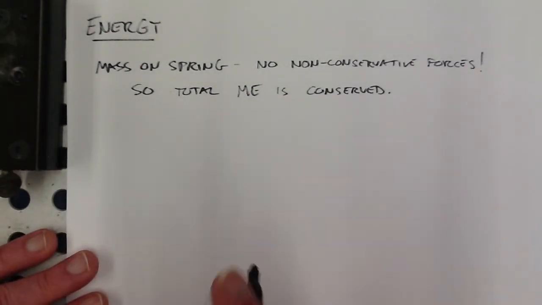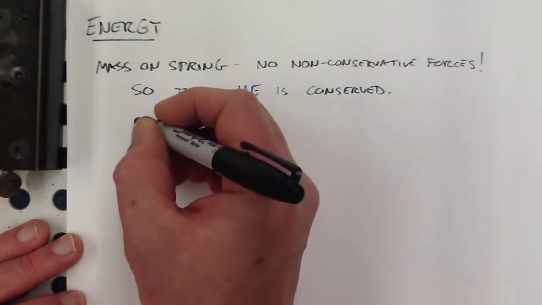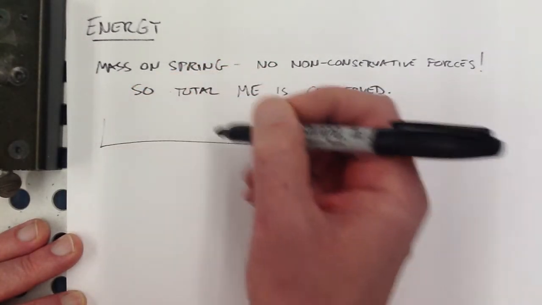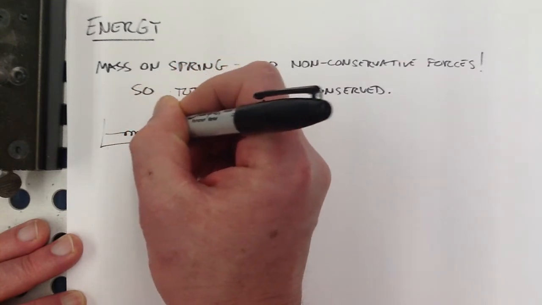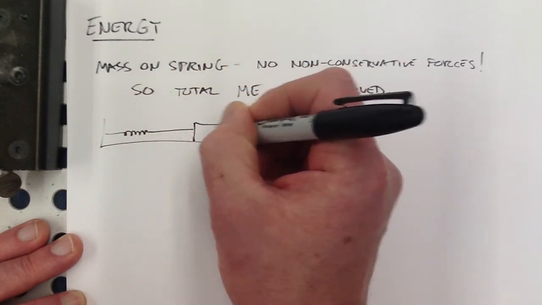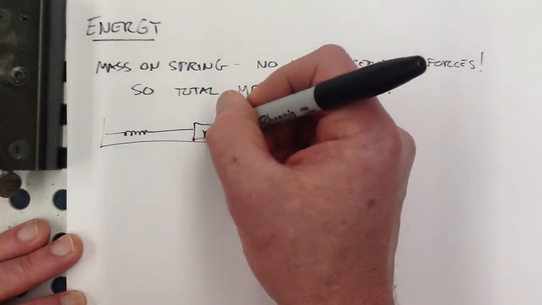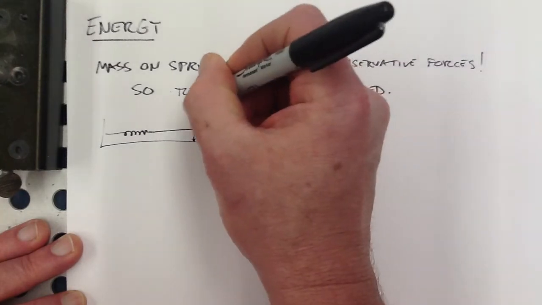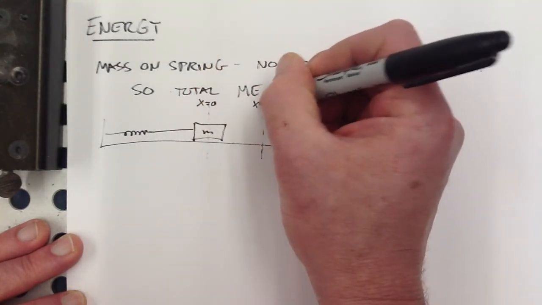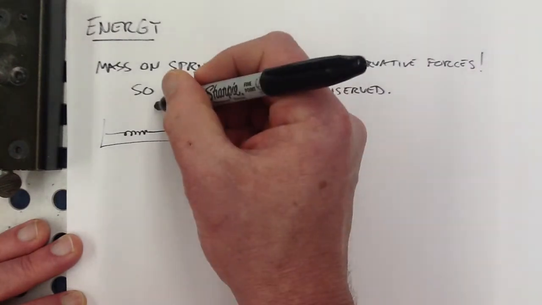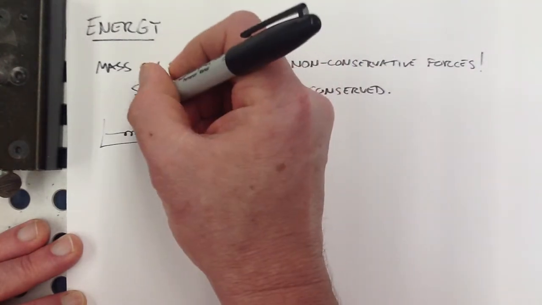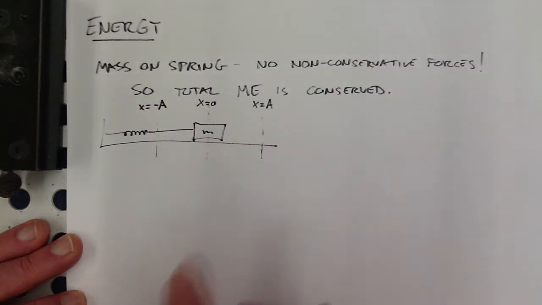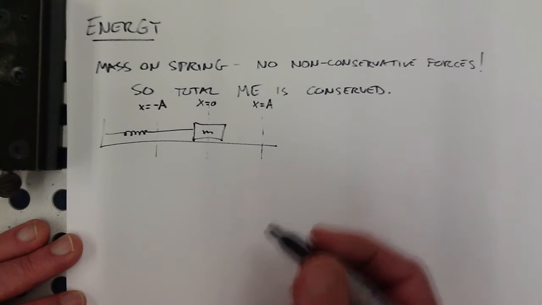And that is a powerful problem-solving tool for us if we recognize this fact. So that means that as the mass oscillates back and forth between here at x equals 0, here at x equals a, that's its amplitude, and here at x equals negative a, what's going on with energy?